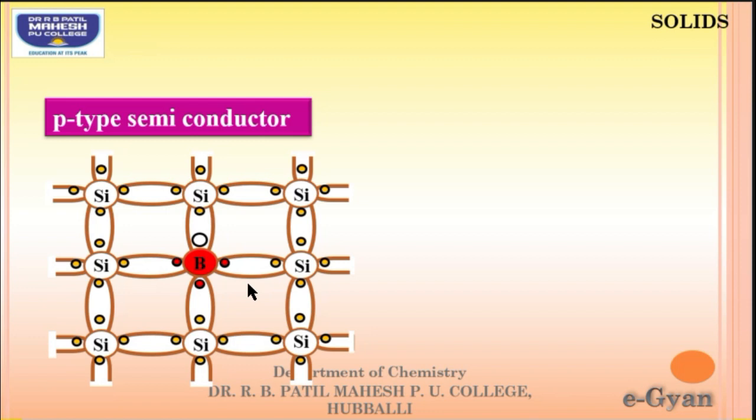Now, to form the covalent bond between boron and silicon, what will boron do? It will take an electron from the neighboring silicon atoms. It will not take from 1, 2, 3, 4. It will take either here or here or here or here, because boron has already formed the covalent bond with these 3 and it is going to form a bond with this. So, the electron should be taken from here.